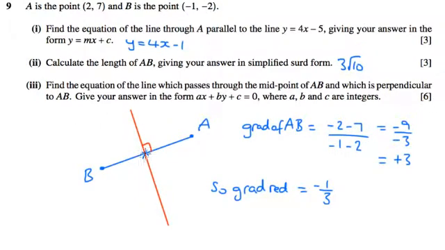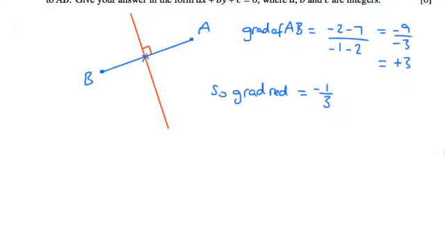We also need to know this midpoint value, and to find the midpoint of a line of 2 points, we average the coordinates. So we average the x's and we average the y's. In other words, we add them up and divide by 2.